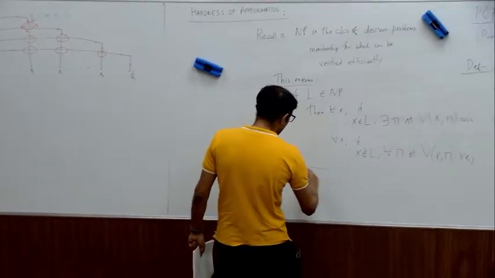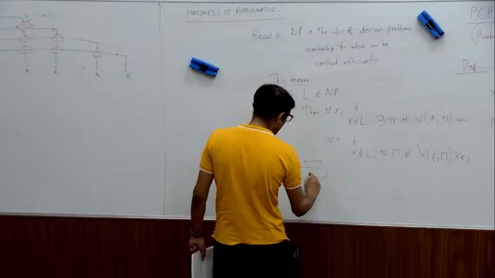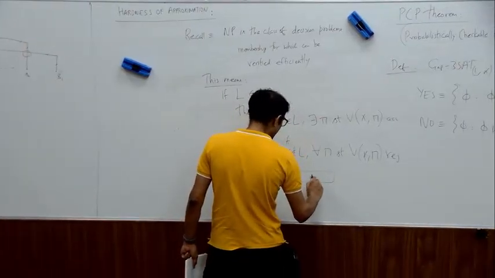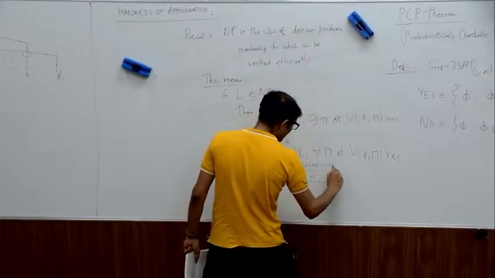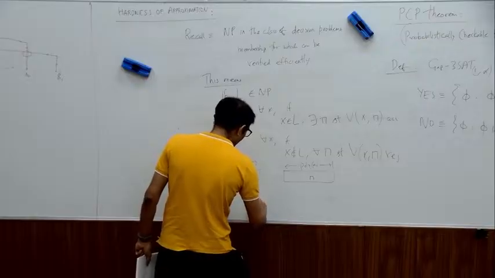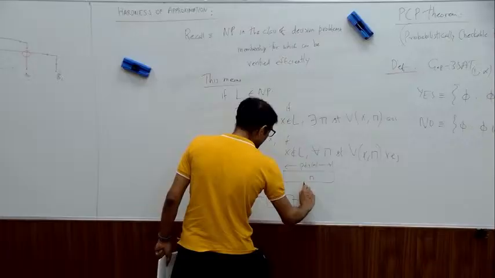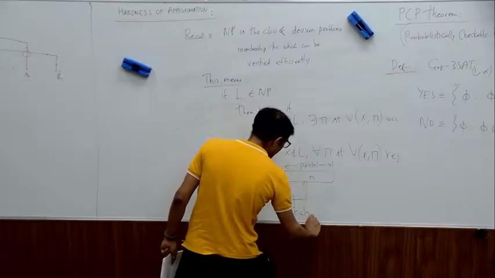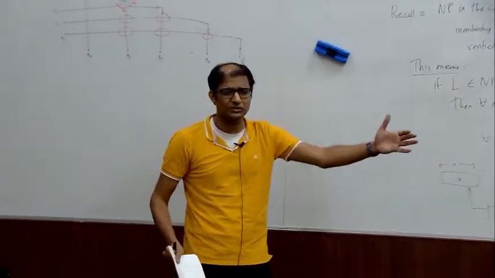So the cartoon picture to keep in mind is that here is your instance x, here is my proof pi, possibly of a much larger size, still polynomial size. The verifier gets to look at both of these things. The verifier, I remind you, is a deterministic algorithm, and the verifier can now output its decision: yes, I accept, or no, I reject.